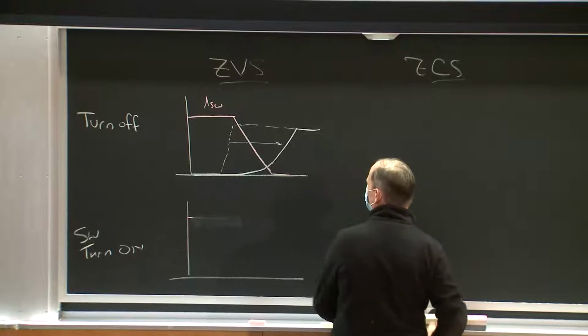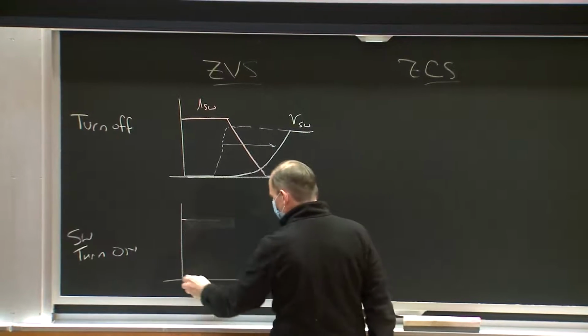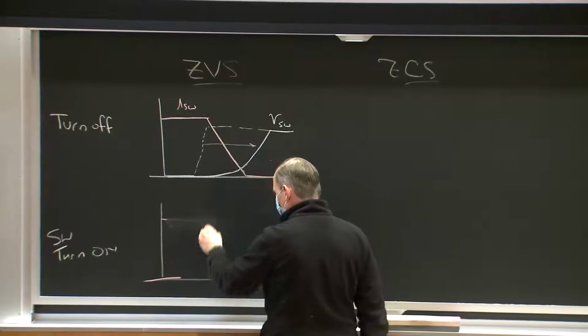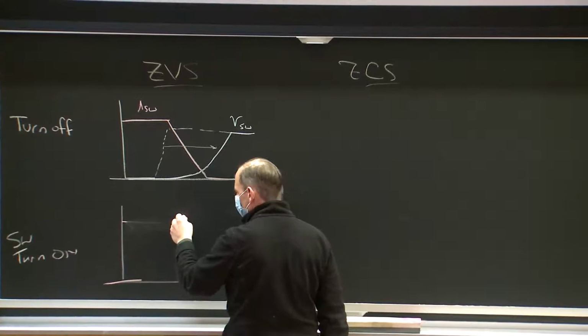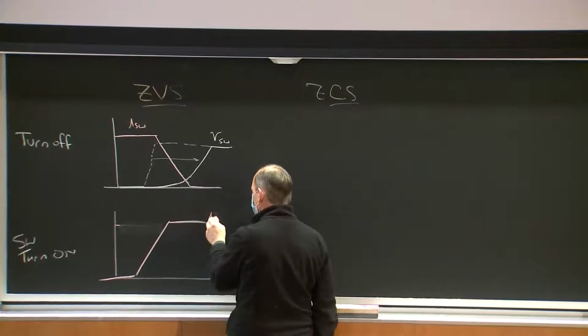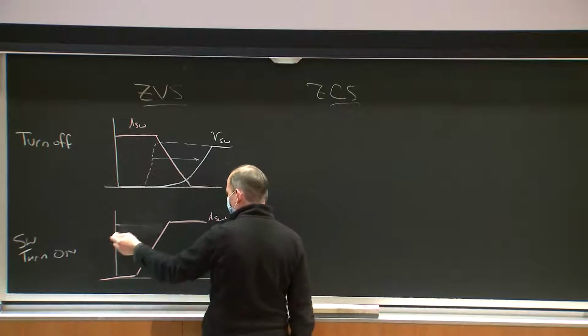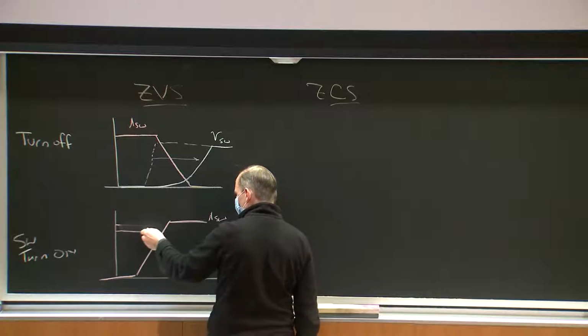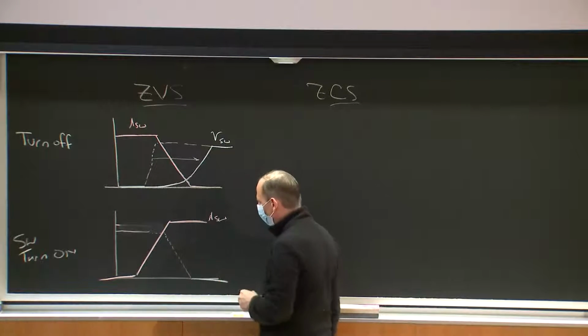If pink is the switch voltage and green is the switch current, what I get at switch turn on is usually the current in the switch rising. So here's I switch. If I'm doing a hard switch transition, the switch current comes up, and then the switch voltage falls sometime after that.